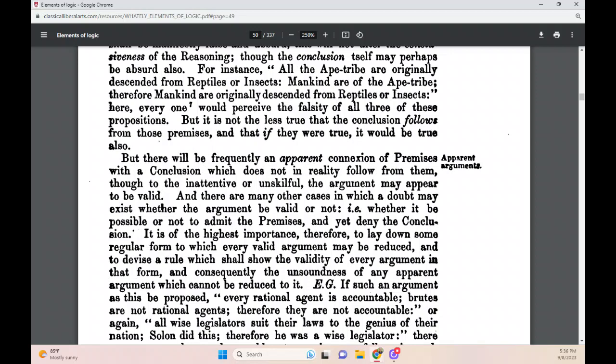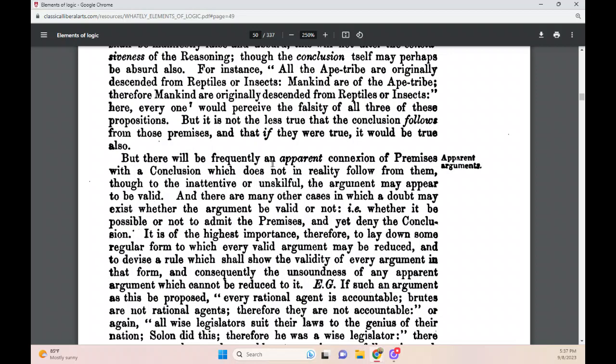But there will be frequently an apparent... Remember I said in the first lesson that this word apparent is important in logic because apparent is not necessarily true. Apparent can actually be a deception. It appears to be reasonable, but it's not.